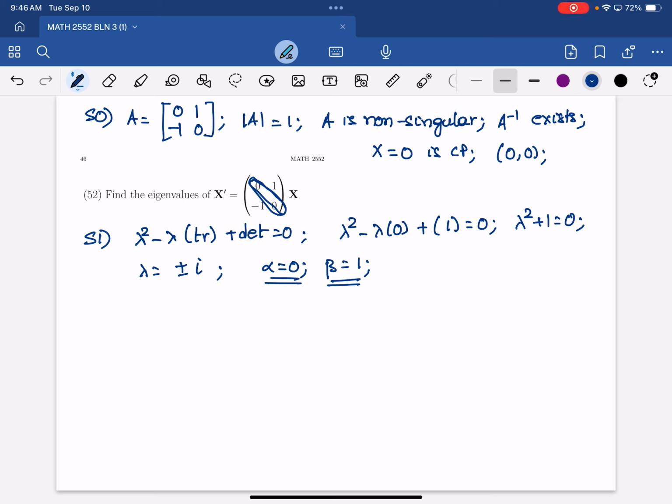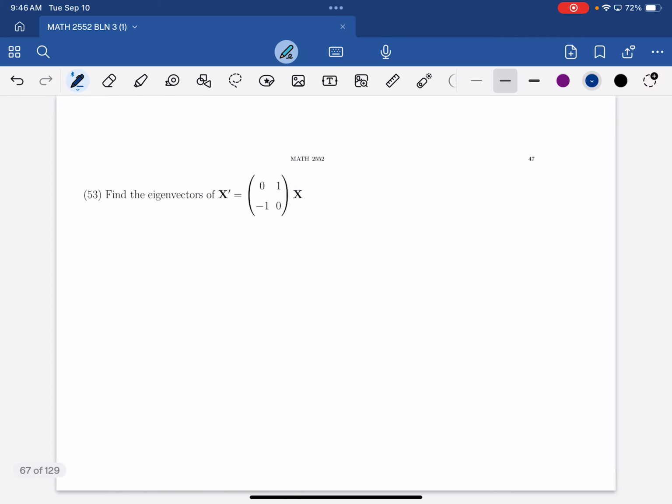Now that being said, what is my next goal? My next goal would be to find the eigenvectors, right? So I want to find the eigenvectors, so I'm going to put lambda equals i.